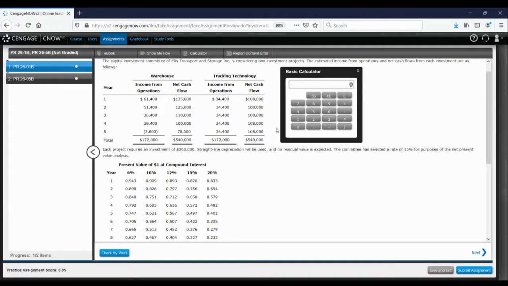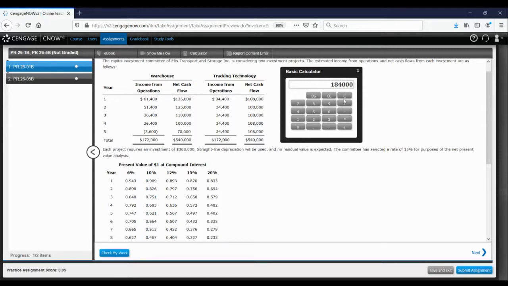To find the average investment, it was 368,000. That was the cost of the investment. And because there was no residual value to add to it, we'll just simply divide this amount by 2 to get the average investment amount.